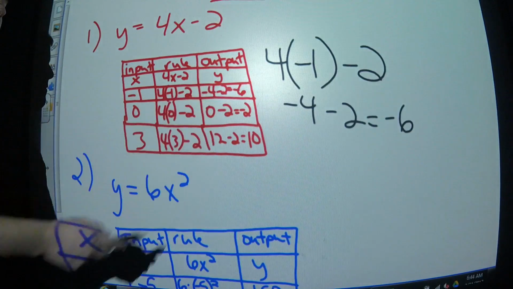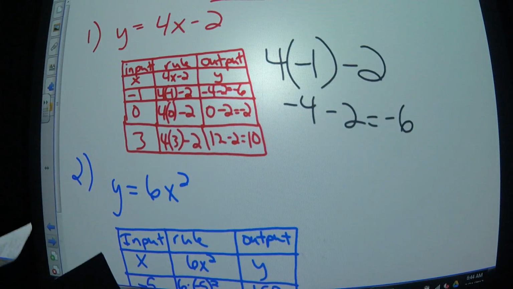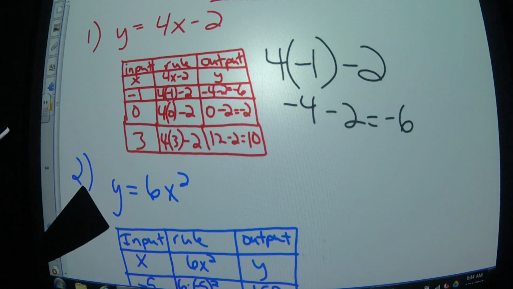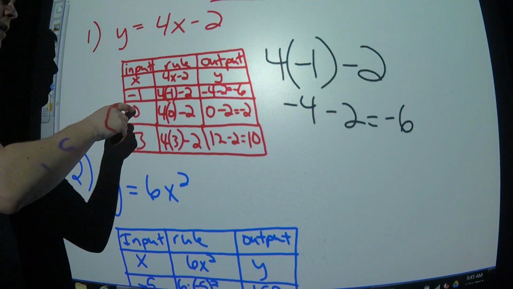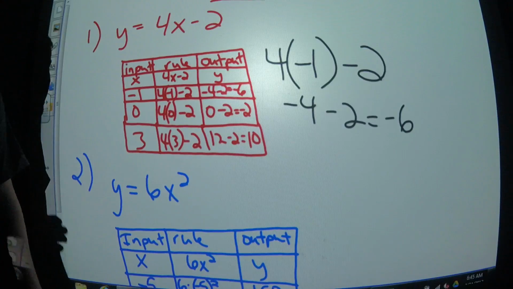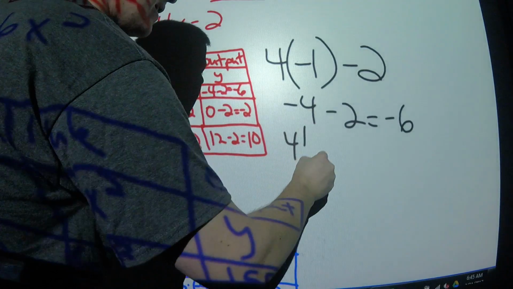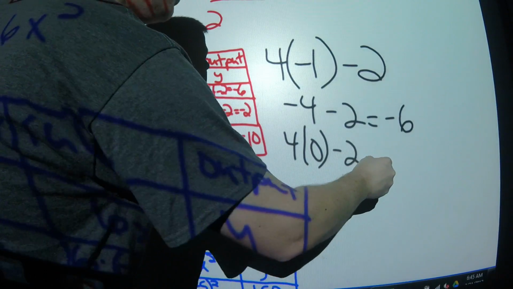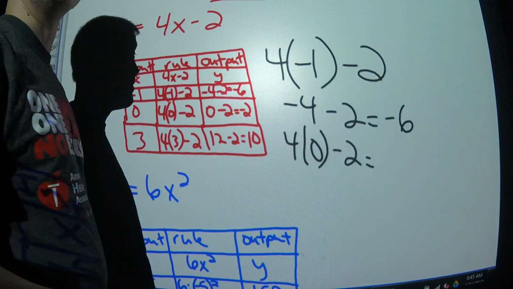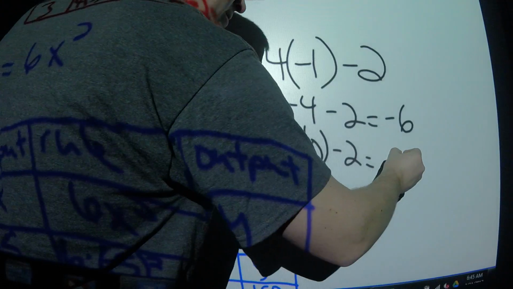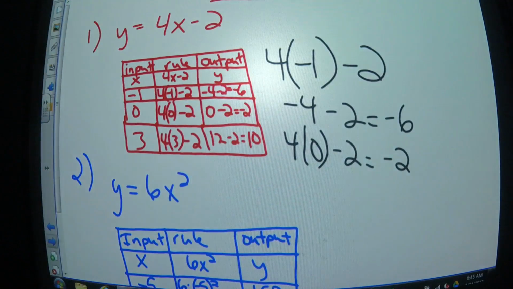So that's where the -6 comes in. Then, looking at the second one, you've got 0. So whenever x is 0, you would plug it in. So 4 times 0 minus 2. Well, 4 times 0 is 0. Minus 2 is -2. And that's where the -2 comes in.